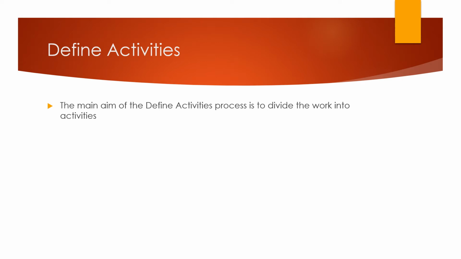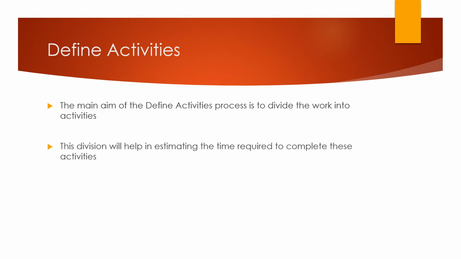So the main aim of this process is to divide the work into activities. What we are doing is basically dividing the work that we have into certain activities. Now, this division is going to help us in estimating the time that we need to achieve these activities, right? So define activities falls under the schedule management knowledge area, as you're already aware. So we are basically coming up with the project schedule in this knowledge area.